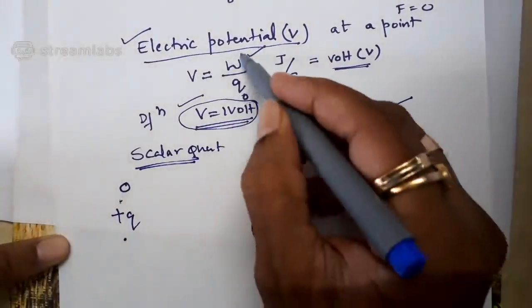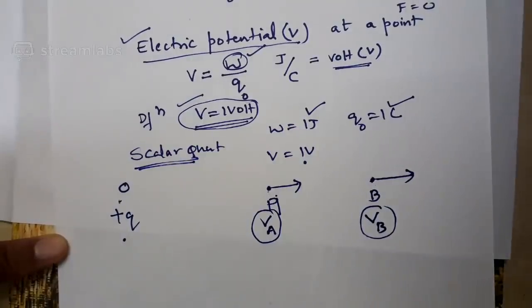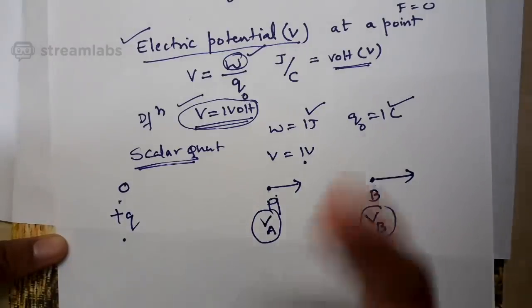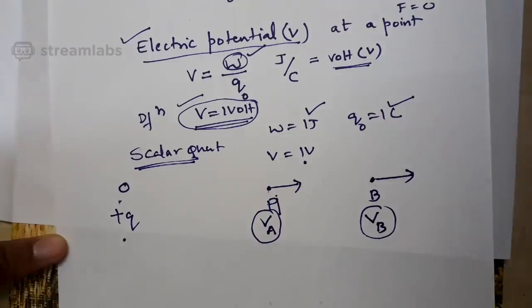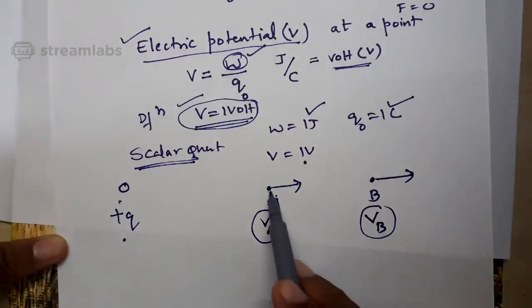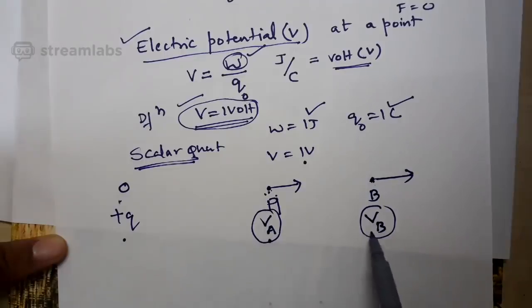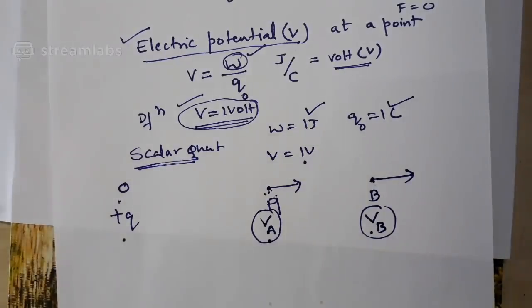It is the amount of work done. You know work done is a scalar. Since work is a scalar, obviously electric potential should also be a scalar quantity. There is one basic difference between the physical quantities called electric intensity and electric potential. Electric intensity is a vector, electric potential is a scalar. So okay, coming to the point of our discussion. I selected 2 points A and B. At A potential is VA, at B potential is assumed to be VB.